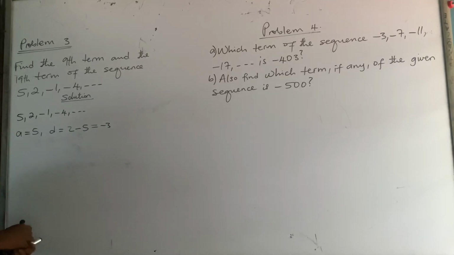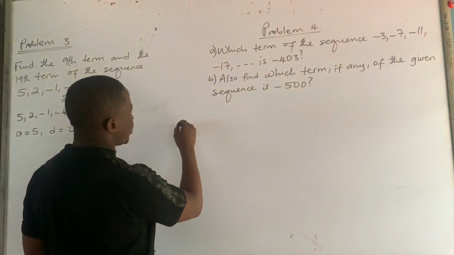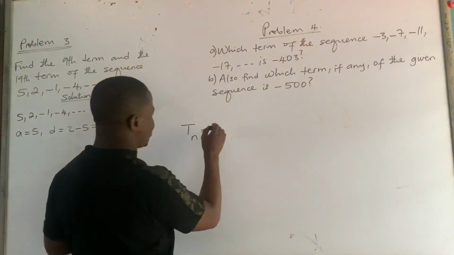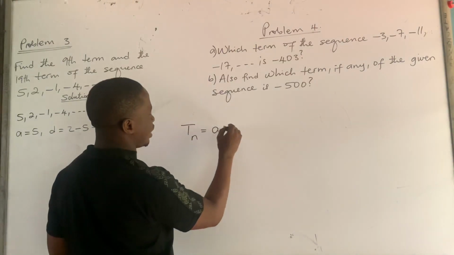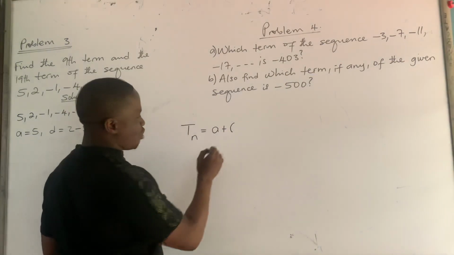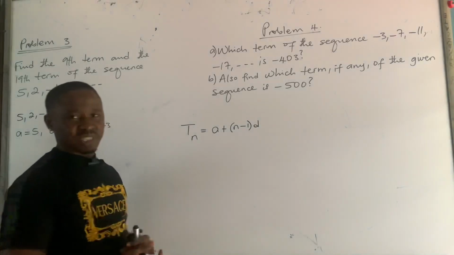All right. But we want to find the 9th term. It is understood that generally the nth term of an AP is the first term plus n minus 1 multiplied by the common difference.